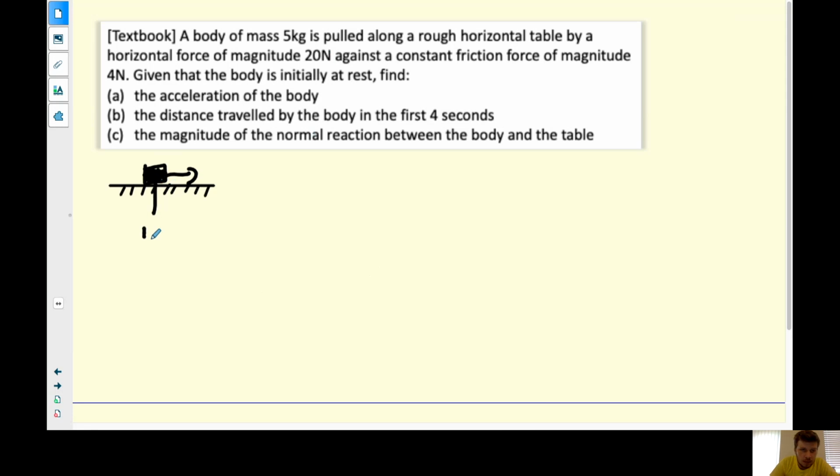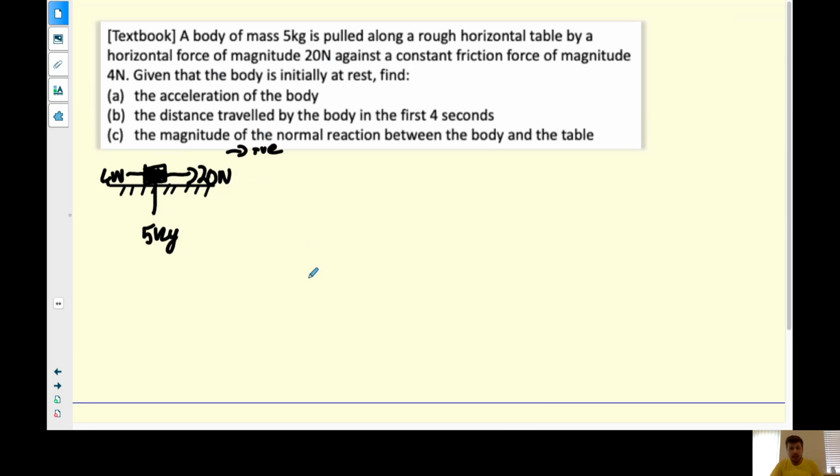And this is 5. Against a constant friction force of magnitude 4. So it's getting pushed along at 20 newtons and 4 newtons. I'm just going to state that this is going to be my positive direction. And given that the body is initially at rest, find the acceleration of the body.